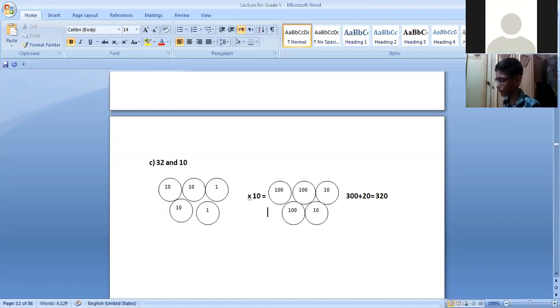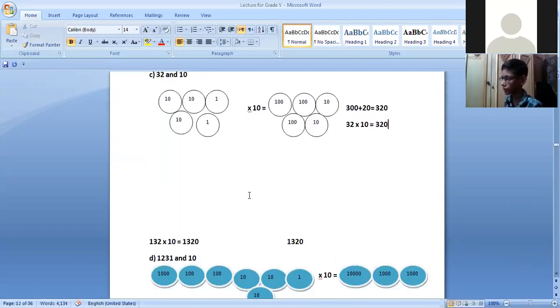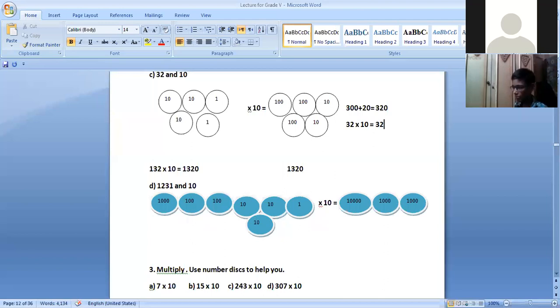Or in a simple way, when you multiply 32 by 10, the answer becomes 32 tens are 320. Okay, okay Zan. Now move towards the next number. अब हम next word number की तरफ move करेंगे.